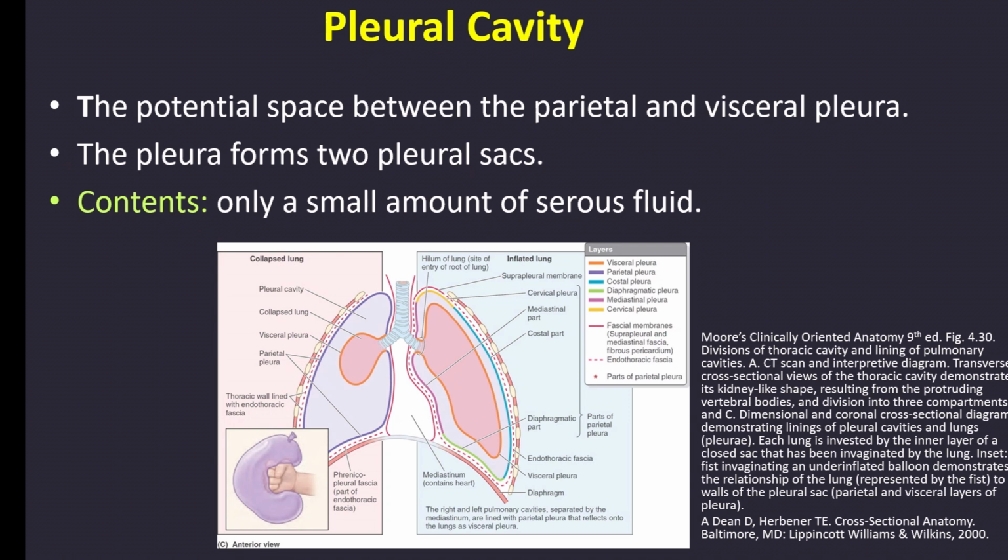So we have one pleural sac that encloses your right lung, and then we have another pleural sac, the left one, that encloses your left lung. And that space within that pleural sac between the visceral and parietal pleura is your pleural cavity. And that is what's showing in here. That space here, that's your pleural cavity.